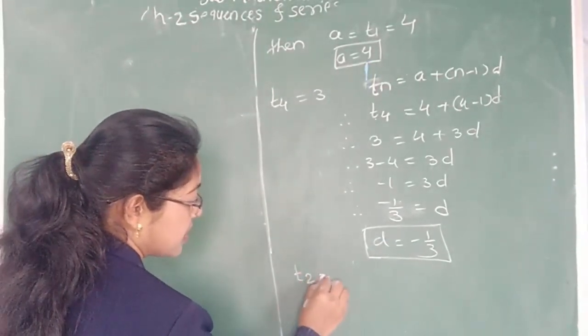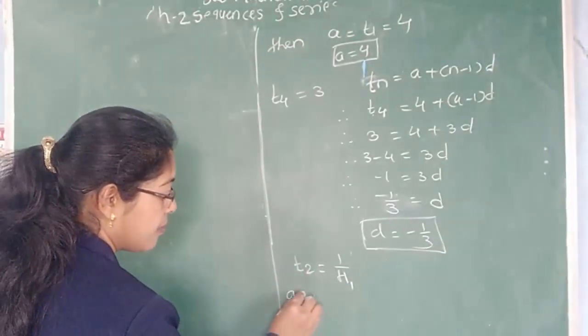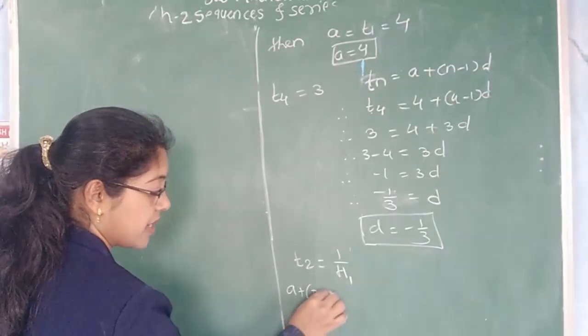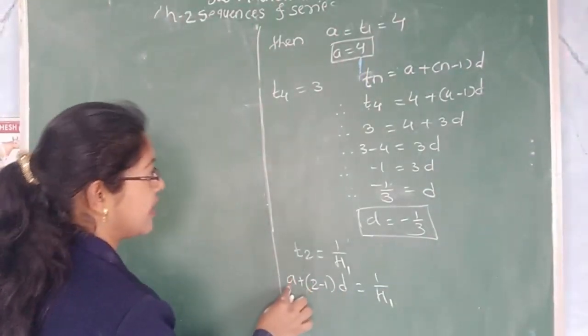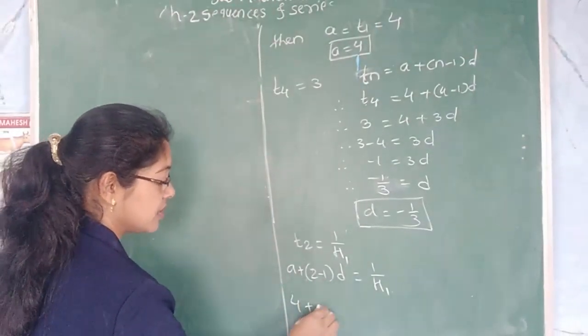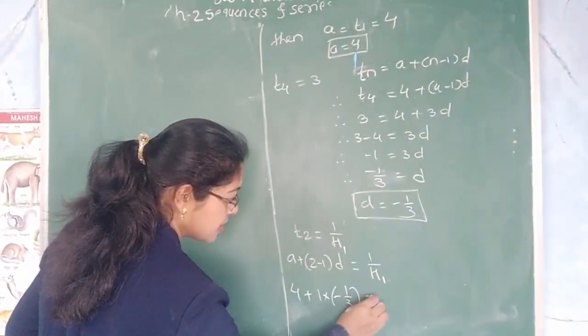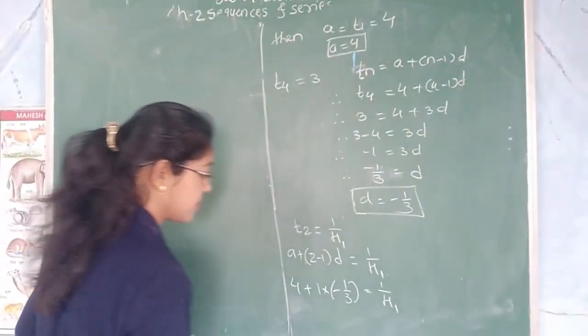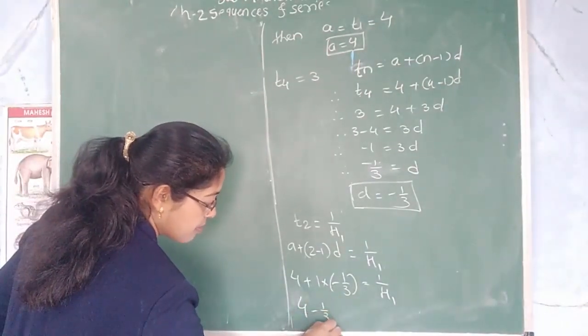Now the second term T2 is 1 upon H1. T2 means A plus n minus 1 into D is equal to 1 upon H1. A is 4 plus 2 minus 1, which is 1, into D, which is minus 1 by 3, equal to 1 upon H1. So 1 into minus 1 by 3 is minus 1 by 3.